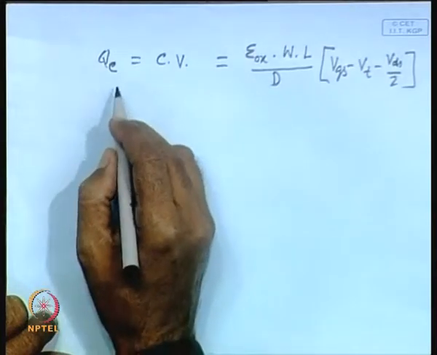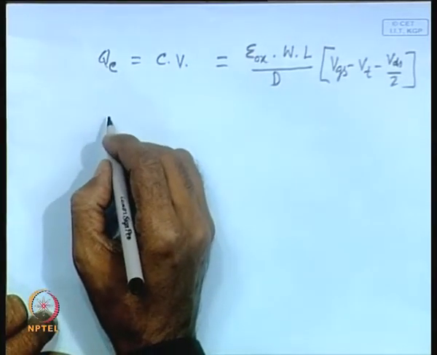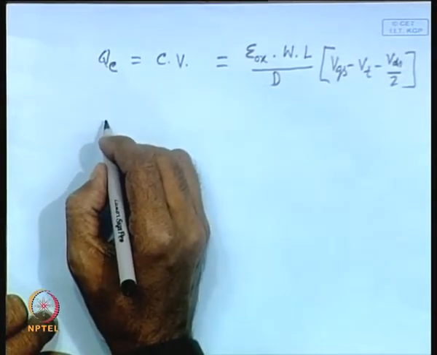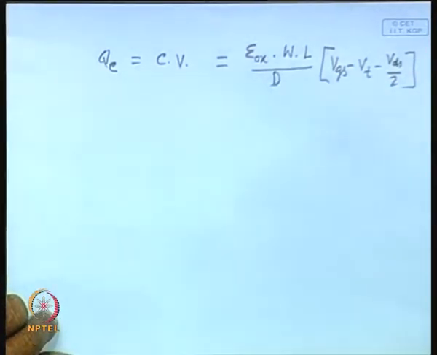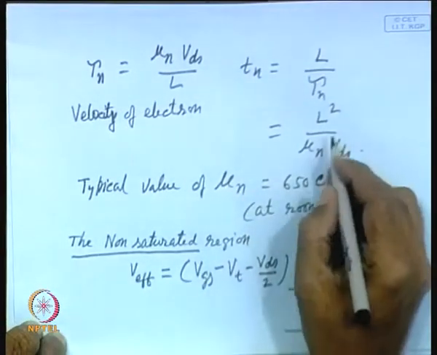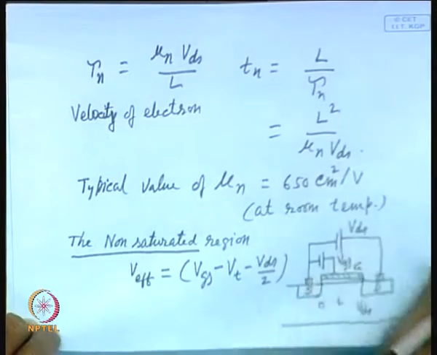So, this is the charge that will be induced in the channel, and now we already know the electron transit time. What was the electron transit time that we found out? It is equal to L square by mu n VDS.